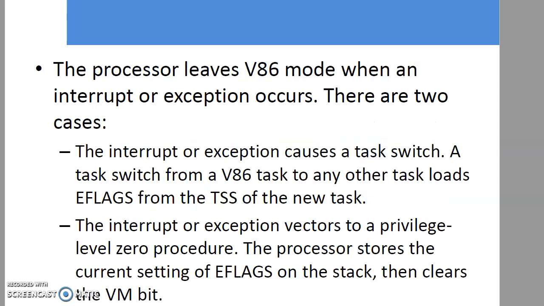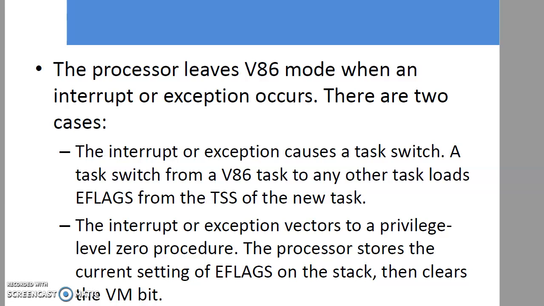Now, how does the processor leave the virtual 86 mode? You all know that by clearing the VM bit, the processor can exit the virtual 86 mode into protected mode. So the processor leaves virtual 86 mode when an interrupt or exception occurs with the VM bit as 0 in the E flag register. So there are two cases. The interrupt or exception causes a task switch.